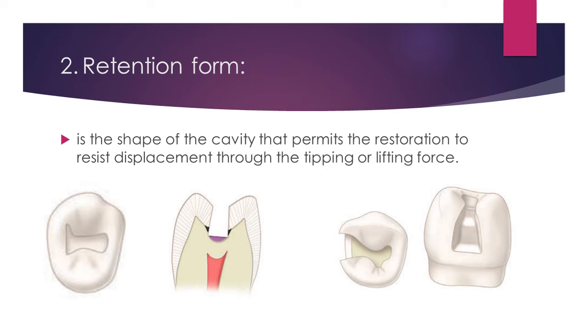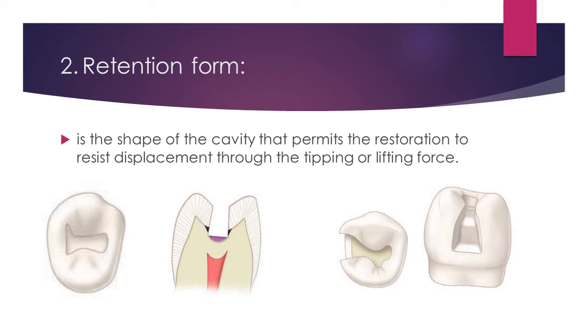Among these factors are depth of the cavity, width of the cavity, also buccal and lingual walls should be parallel to each other or slightly converge occlusally. Also, the pulpal floor should be flat, which means it is at the same level. No part will be higher than the other, to prevent the tipping force or the occlusal force from dislodging the amalgam from the cavity.